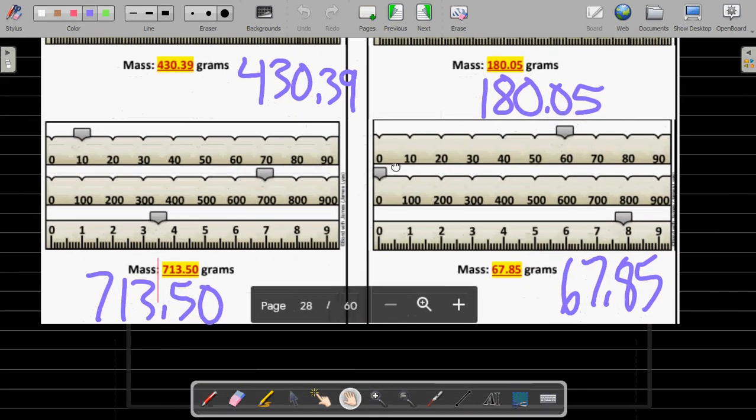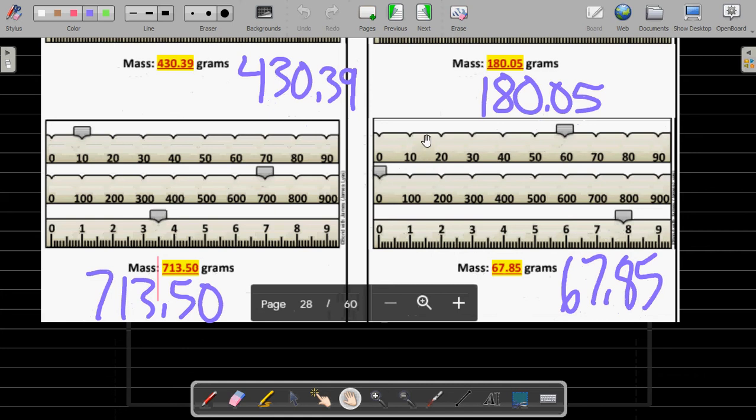If you got 0.04 or 0.06, that's probably okay. But you should definitely have the 180. And over here, you should definitely have the 430.3. Okay, so this part you got to have. This part you got to have.